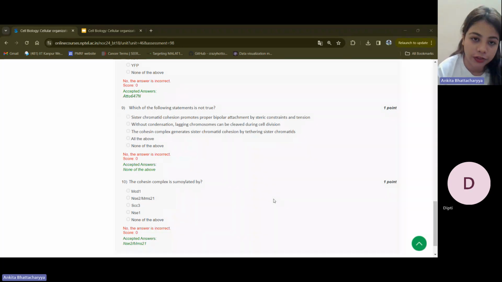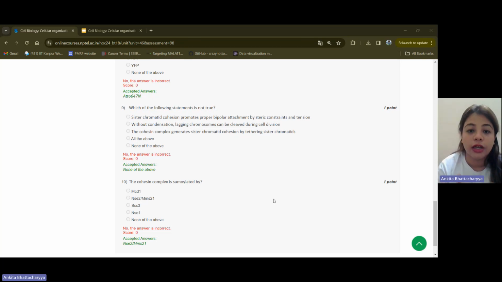All of the above or none of the above. So we have been asked which of the statements is not true. Among these statements, they all are correct, which means that indeed there is the involvement of proper cohesion for proper bi-orientation or bipolar attachment, and there is an involvement of steric constraints and tension in proper separation of the two sister chromatids in two directions.